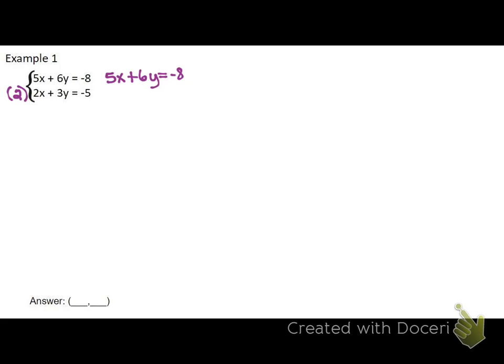Now, when I say I'm going to multiply this bottom equation by 2, that means every term in this bottom equation I multiply by 2. So I'm going to take 2 times 2x and get 4x. Then I'm going to take 2 times positive 3y and get positive 6y. And then I'm going to take 2 times -5 and get -10.